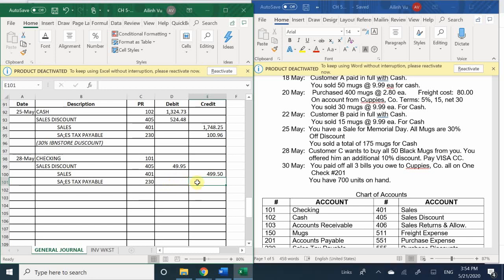We're allowing him to give $50 off, roughly. So how much is sales tax? You subtract the discounted amount, $49.95, from the sales amount, and you multiply that by the 8.25% sales tax rate. I got $38.21. I got $37.09.